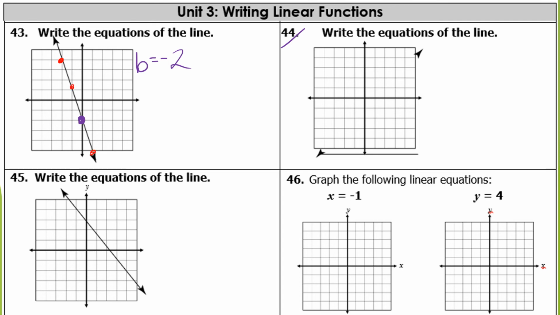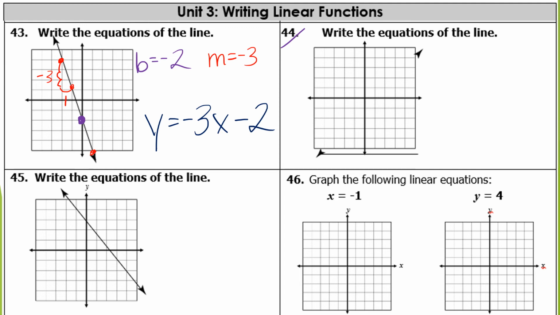Draw those dots first, especially if you have paper in front of you. And if I count, I'm rising -3, running +1. So my m is -3, which means I can write my equation fairly easily. y equals mx plus b.